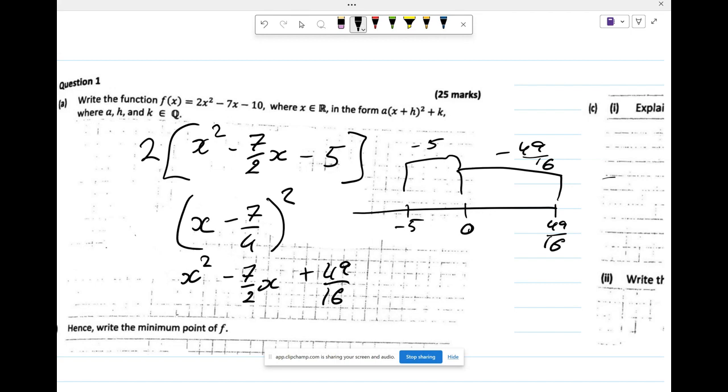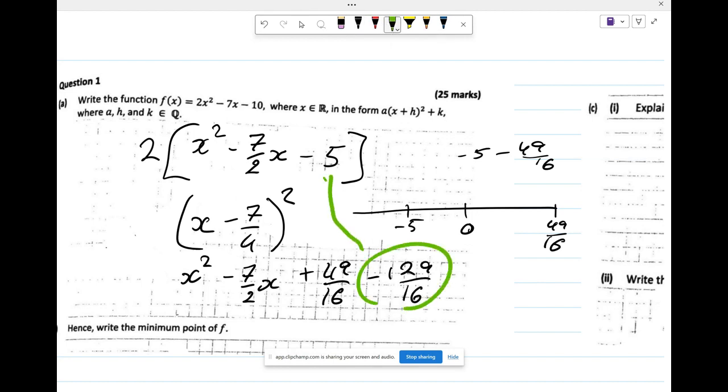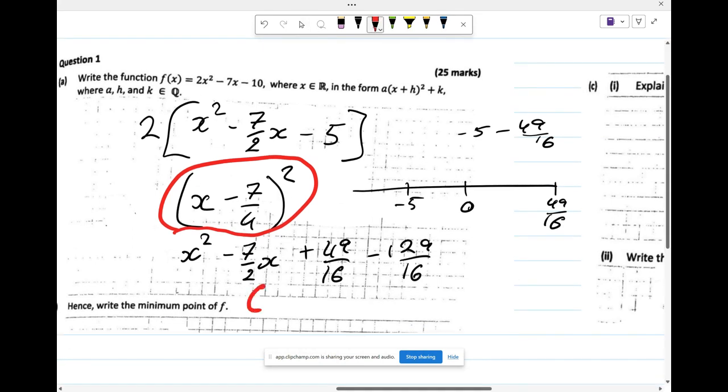So if we add these together in our calculator, so if we do minus 5 minus 49 over 16 in our calculator, we should get minus 129 over 16. So this is our green part that we added on to get back to minus 5. So now we're going to keep this square here and rewrite it back to what it was.